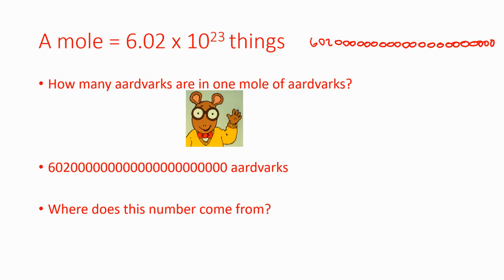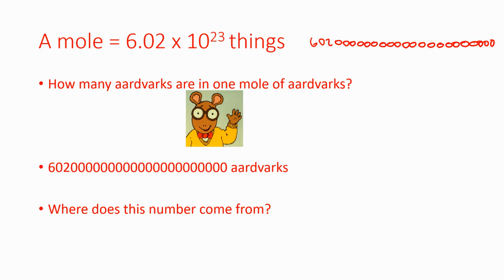So you said 1 million, 2 million, 3 million, 4 million, 5 million, and you tried to get to 6.02 times 10 to the 23rd, you wouldn't get there. It would take too long. If you got the world's fastest supercomputer to count by 1 million all the way up to 6.02 times 10 to the 23rd, you'd die before it got there. It's just an enormous number.